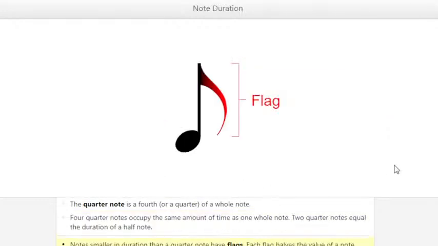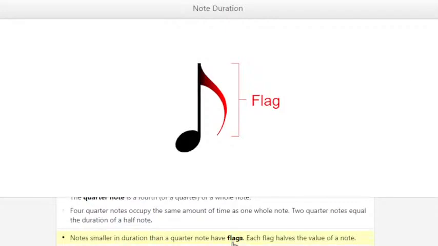Good. Now notes smaller in duration than a quarter note have flags. Each flag halves the value of the note. So we already have this as a quarter note, but once you add a flag, it means that it is divided by 2 again. It's half the value of that note. And so this is called an eighth note.